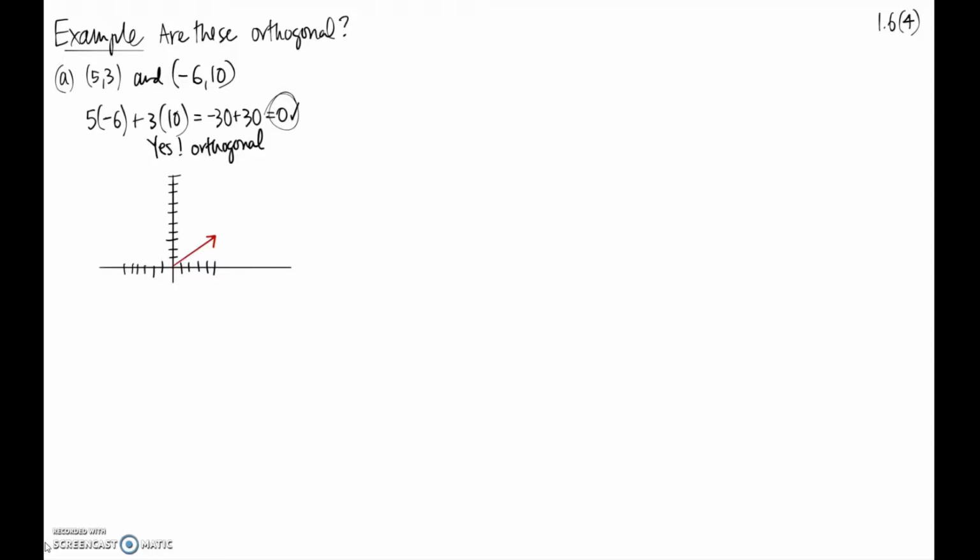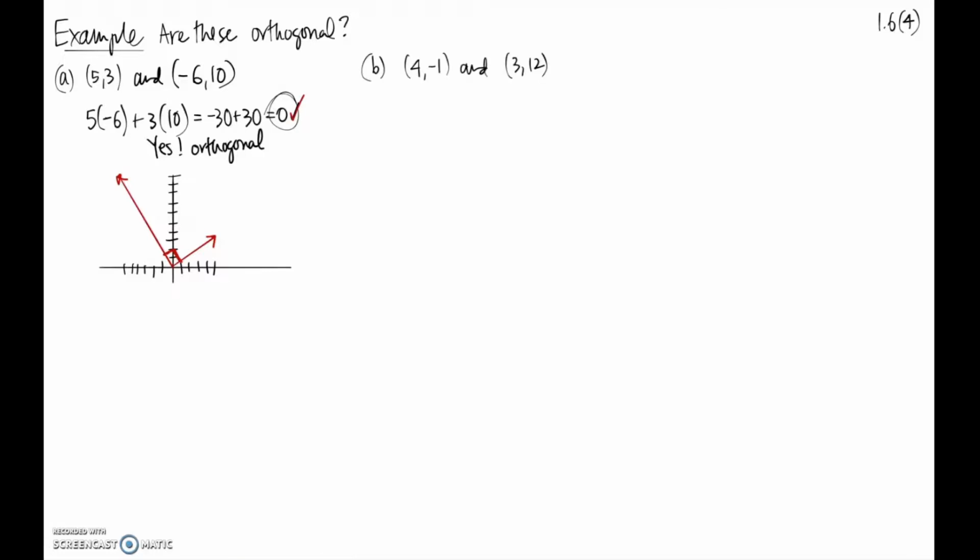That's going to be a point kind of up there. And so that vector looks like this. And yes, these definitely look orthogonal. They look perpendicular to each other. We can't tell exactly from a sketch like this if they truly are orthogonal, but the dot product verifies that they are.